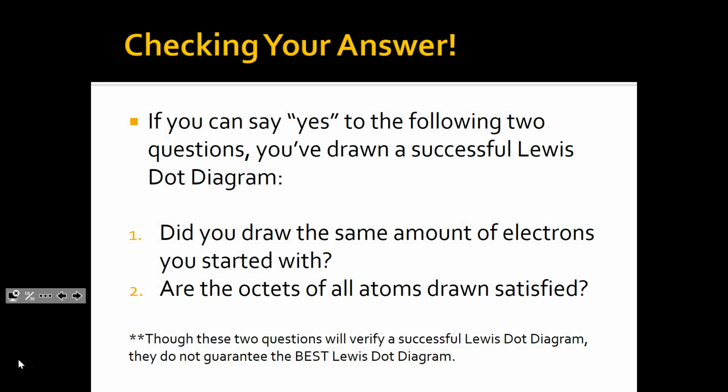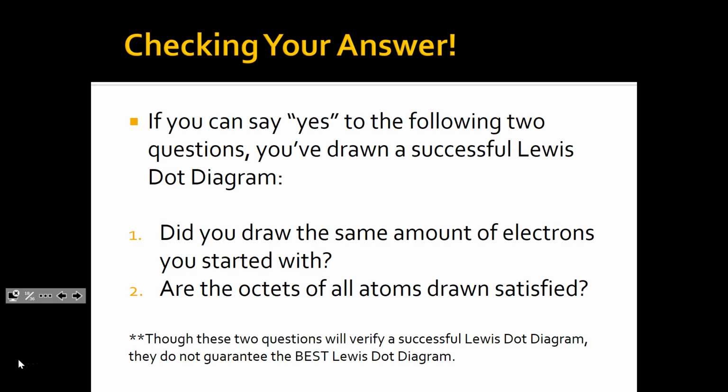Before we get started on some examples, 2 questions to ask yourself when you have drawn a Lewis dot diagram to confirm that it actually is a valid Lewis dot diagram. If you can say yes to both of these questions, you know you've drawn a successful Lewis dot diagram. First question is, did you draw the same amount of electrons that you started with?